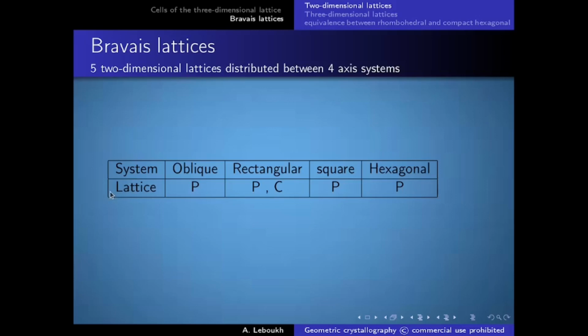For the Bravais lattices, we have the P Bravais lattice, the P and C Bravais lattices for the rectangular system, P for the square system, and P for the hexagonal lattice. We have 5 Bravais lattices for a two-dimensional lattice, which are distributed between 4 axis systems.